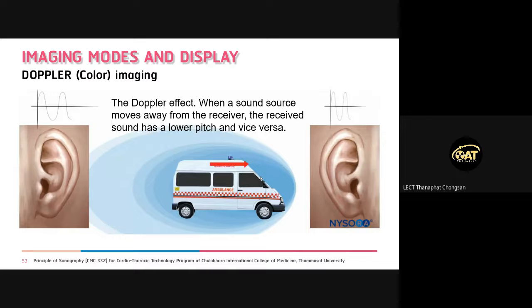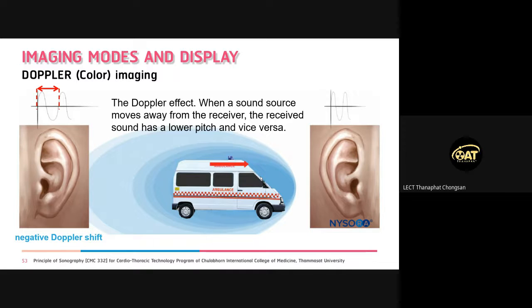The Doppler mode is used in vascular investigation, examining blood vessels. In Doppler, when a sound source moves away from the receiver, the sound has a lower pitch, and vice versa.